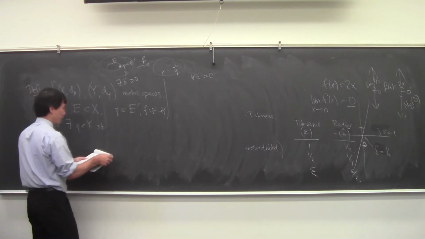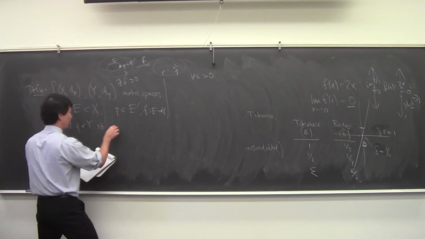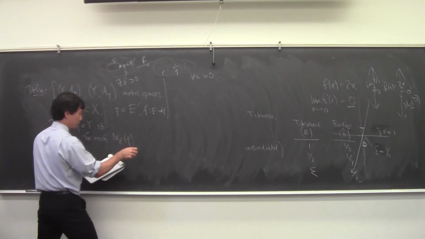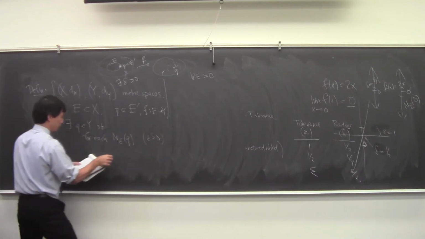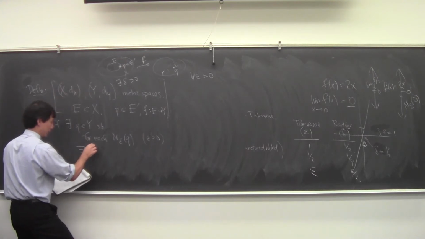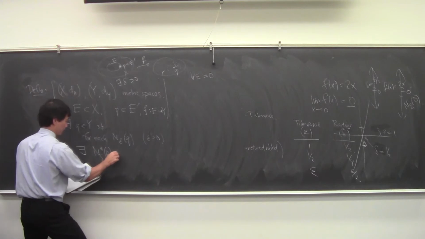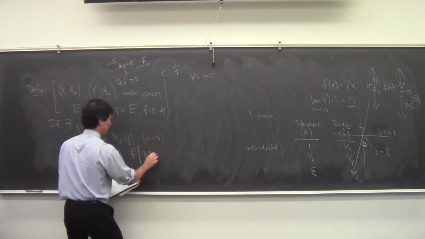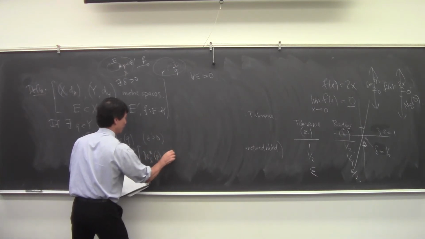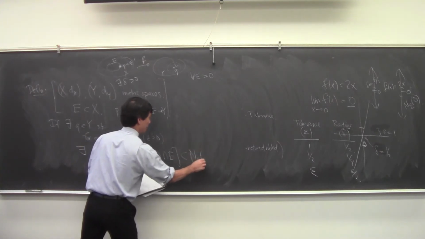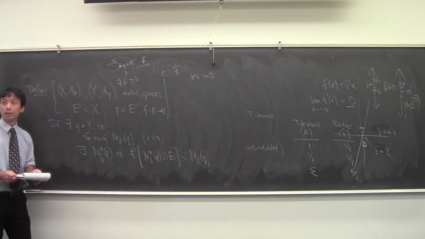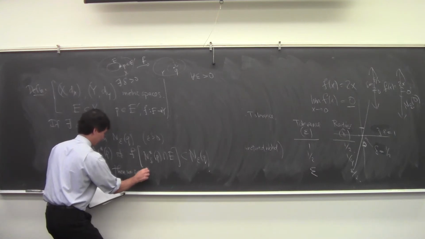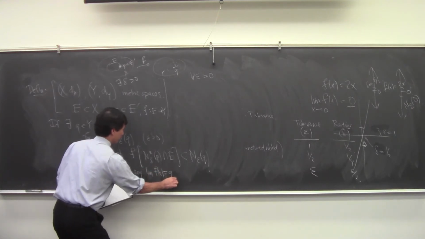If there exists a point q with the property that for each epsilon neighborhood of q, epsilon greater than 0, there exists a punctured neighborhood of p such that f of the intersection of that punctured neighborhood with E is contained in the epsilon neighborhood, then we say that the limit of f of x is q as x approaches p.